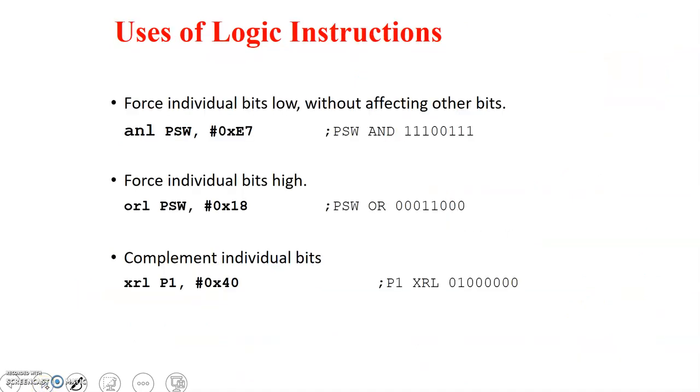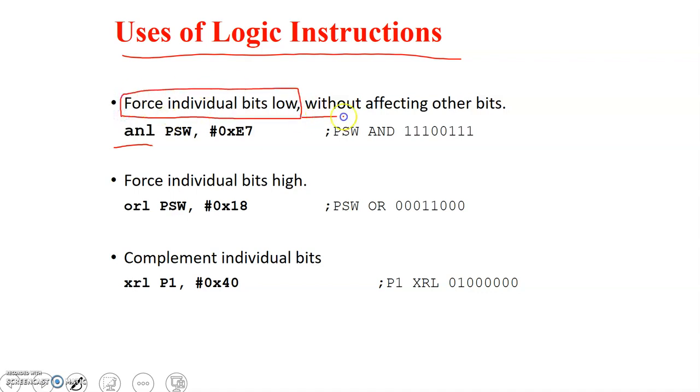Okay, let's move. So what is the basic use of the logical instructions in 8051? If I am using the AND instruction, then it will basically force individual bits to low without affecting the other bits. You can see this example. Say I am trying to AND the content of PSW with this.